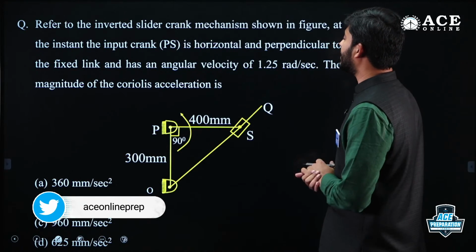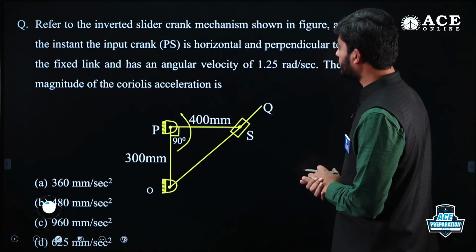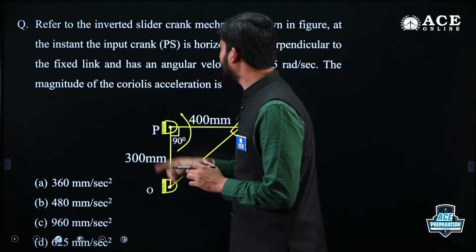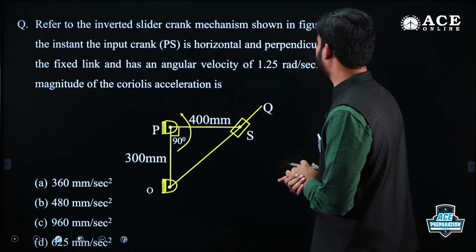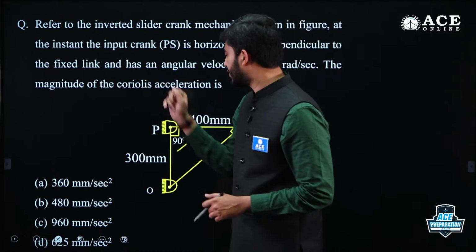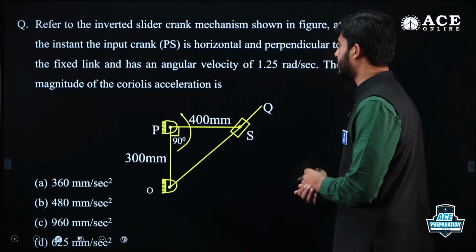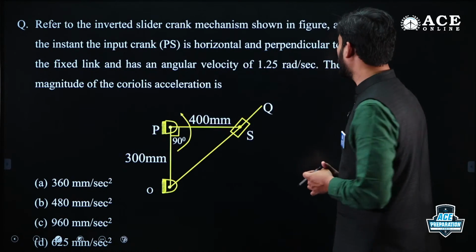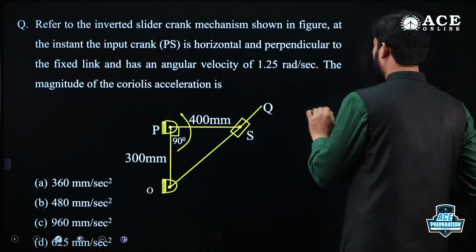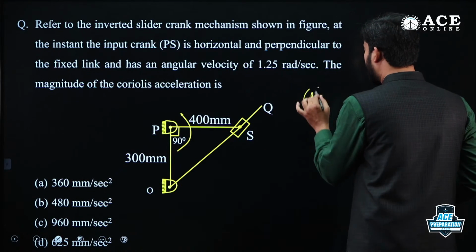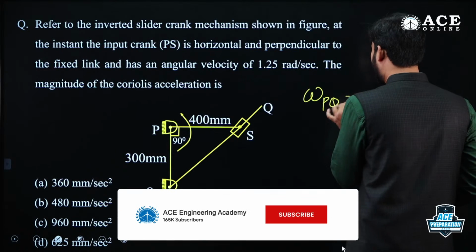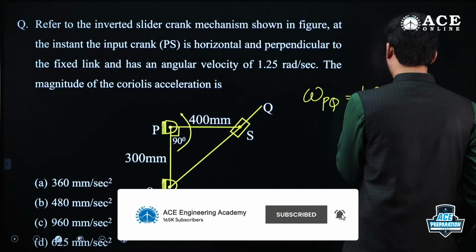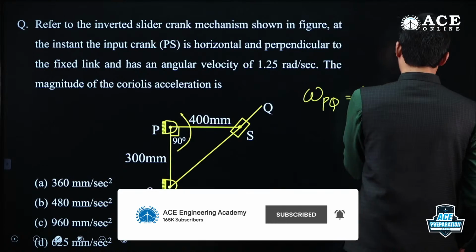Refer to the inverted slider crank mechanism. At the instant the input link PS is horizontal and perpendicular to the fixed link, it has an angular velocity of 1.25 radian per second. Omega PQ, you have as 1.25 radian per second, guys.